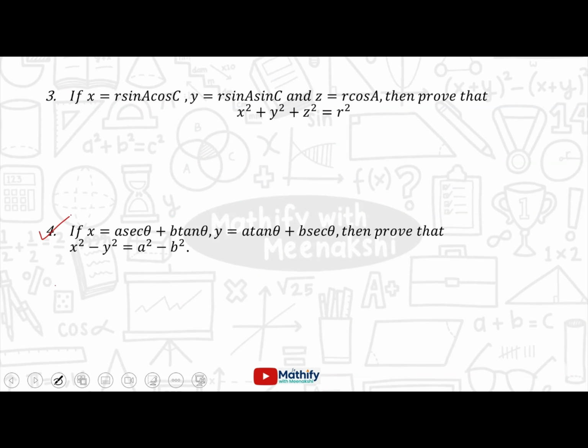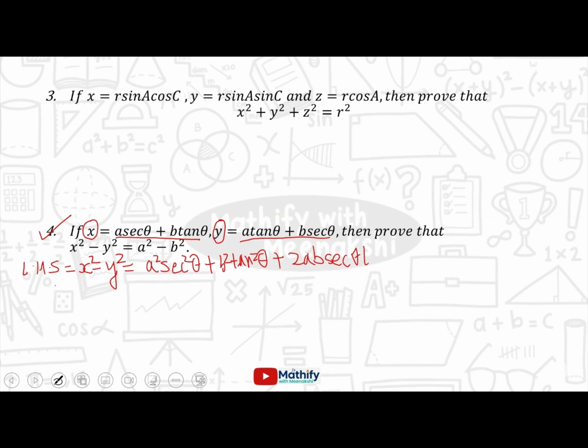Now let's move to the fourth question. The value of x is given to you and the value of y is given to you. You have to prove that x square minus y square is equal to a square minus b square. Again, you will put the value of x and y directly. Just take the square of this. You will get a square secant square theta plus b square tan square theta plus 2ab sec theta tan theta.